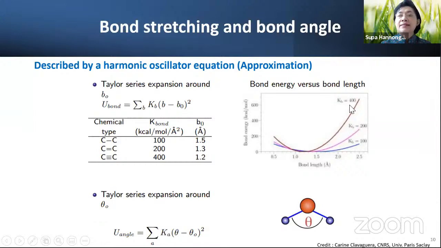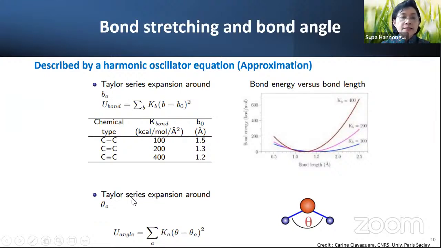And in this way, you can see the force constant of the C triple bond is the highest, and it locates at the bond length 1.2, with 1.3 for double bond and 1.5 for single bond. I think this is very nice, and I obtained it from the slide of Karin from CNRS, and I give the credit to her.